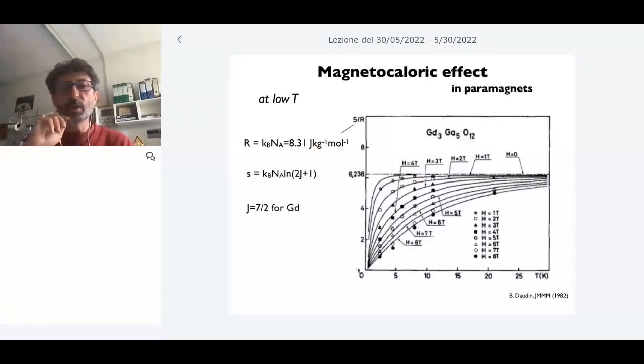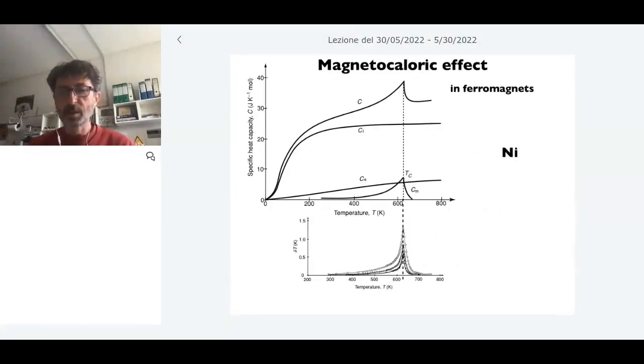If you take this theory, the maximum entropy change related to the spin, and compare it with experimental materials, you find that this is perfectly obeyed. The measured entropy change in these compounds used in cryogenics is really coherent with the spin 7.5 for the gadolinium. So quite successful in this sense.